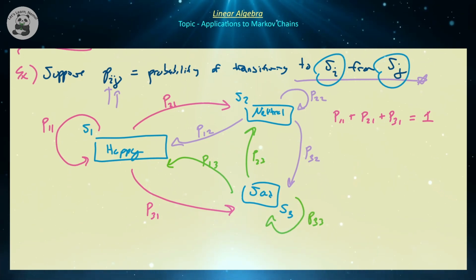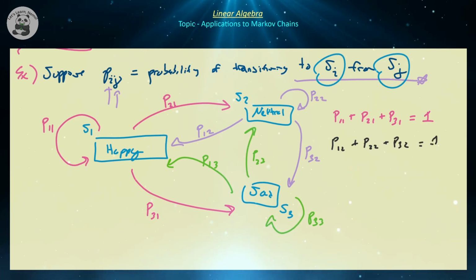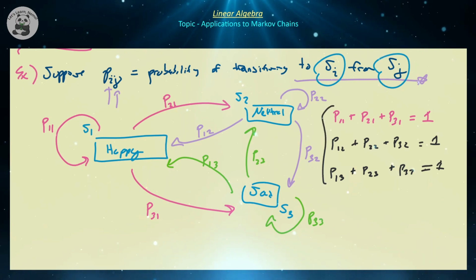So if we continue this convention, what are we going to have? P12 plus P22 plus P32 will be equal to 1. We're also going to have P13 plus P23 plus P33 must be equal to 1 as well.